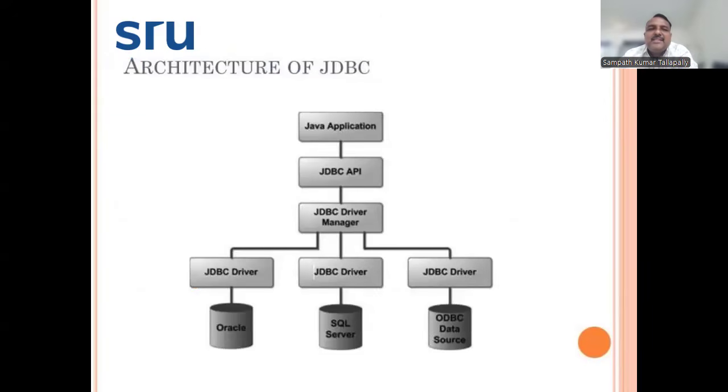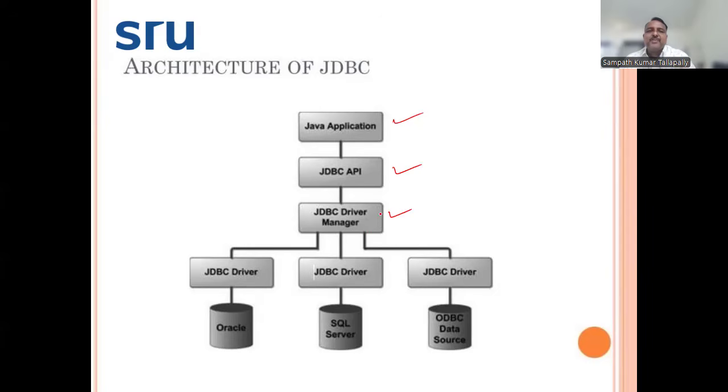Now if you see the architecture of JDBC, we find your Java application. Your Java application should include the JDBC API, meaning it will be interacting with the JDBC API. And this API is going to contain a driver manager, and different types of JDBC drivers exist. Suppose in this architectural diagram we have only 3 different JDBC drivers, and we'll talk about these drivers later.